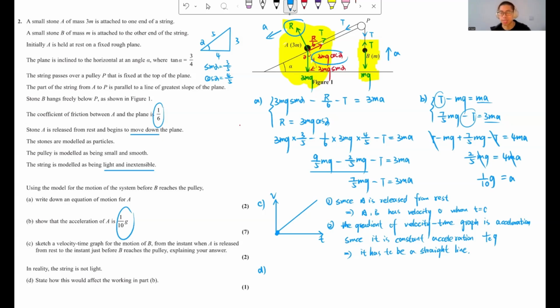So it just means the tension will be different. Yeah. You just say the tension on A and B would be different, because it's only 1 mark. That's all you have to say.